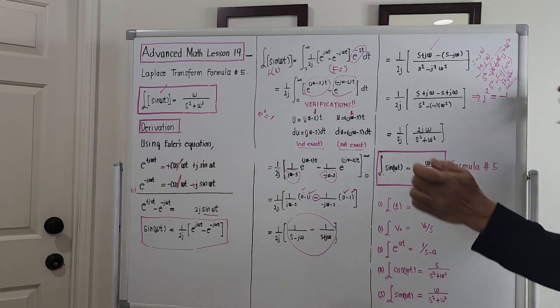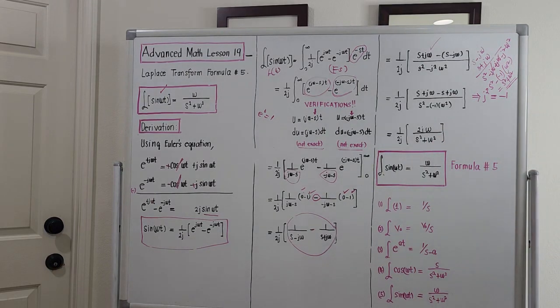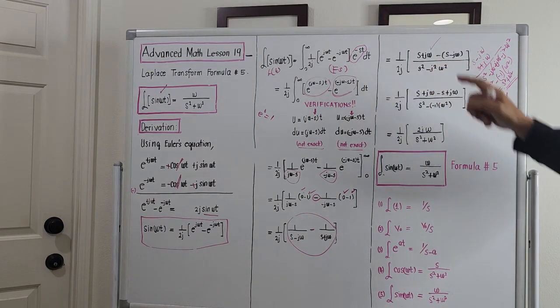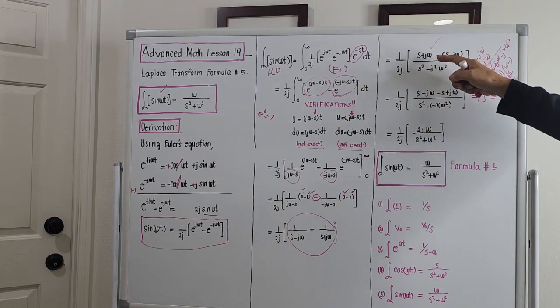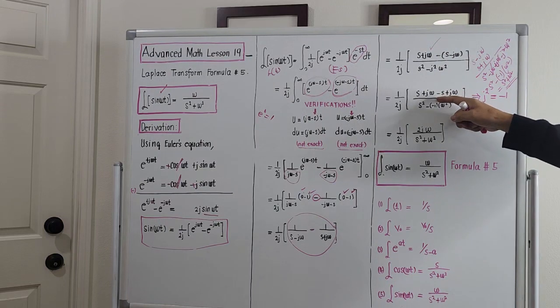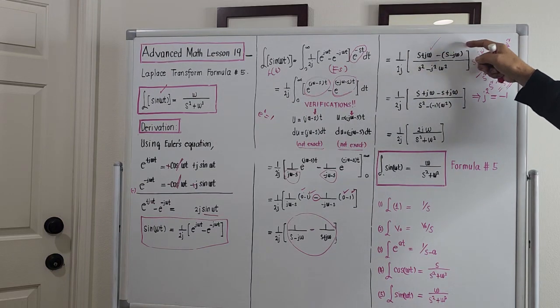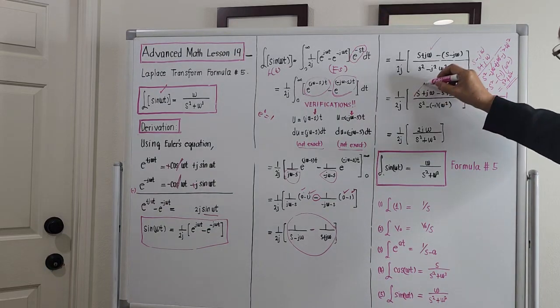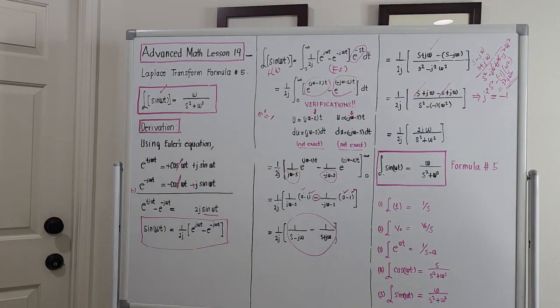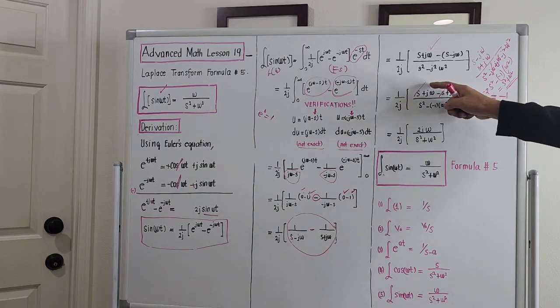Okay? And for the numerator, it will be s plus j omega. Let's now try to remove the quantity. Minus 1 times s will be minus s. Minus 1 times minus j omega will be plus j omega. Okay? So this s here cancels with this. So what will remain on the numerator will be j omega.